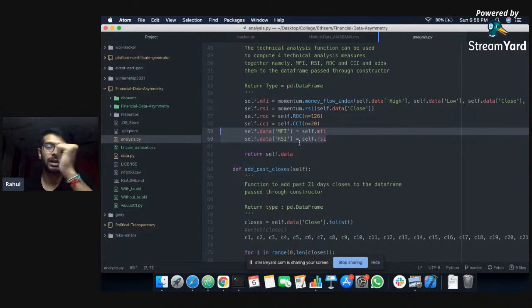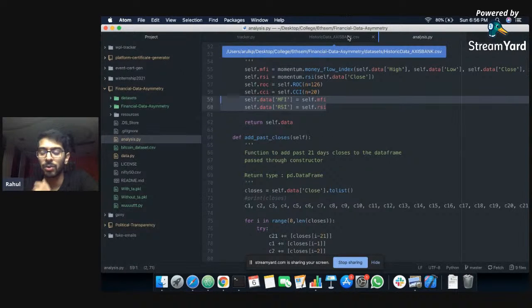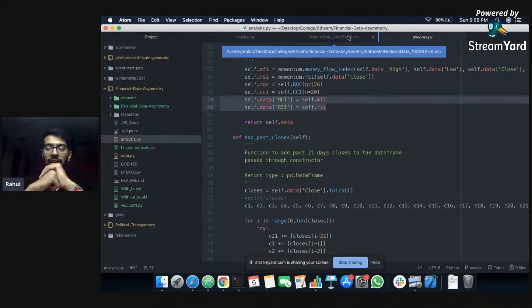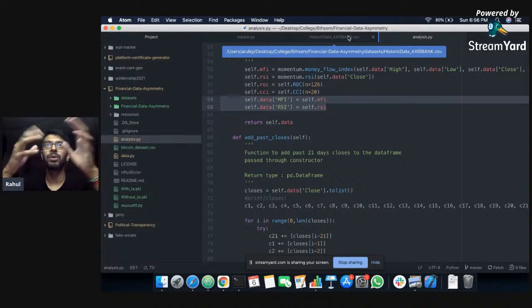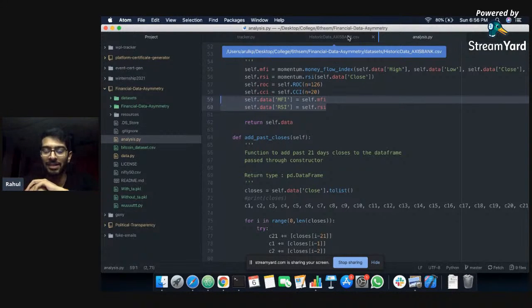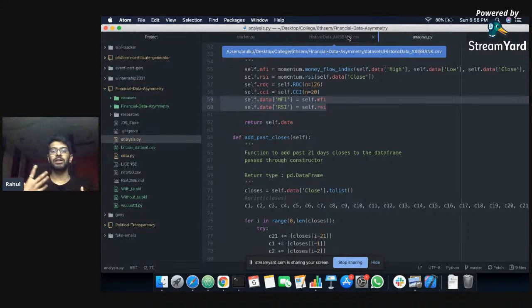But what else actually influences the stock price, right? Now, just think about it, okay? If a particular stock is there in the stock market, what really matters is how it has performed in the past, right? So financial data comes under the category of time series analysis.